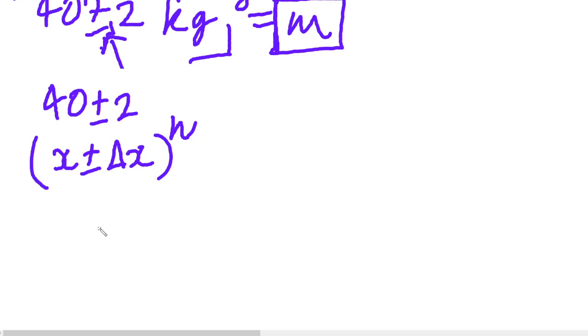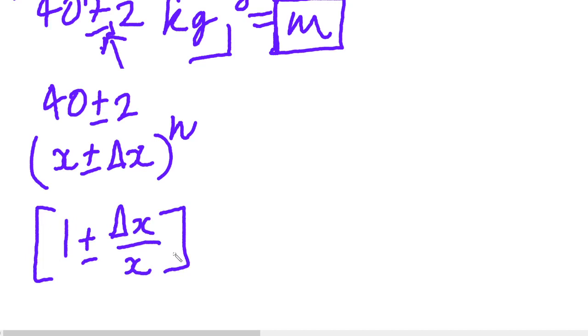So what you can do here is divide both sides by x, so you have 1 plus or minus delta x over x. This is the proportion that you're working with.